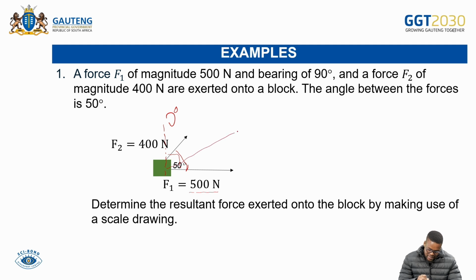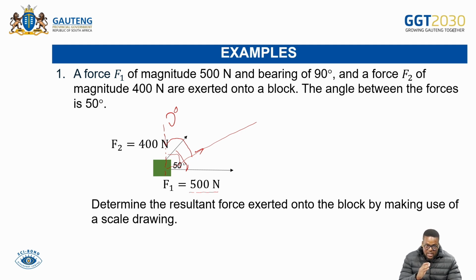Again, starting from north, which is 0, using the bearing method, you measure the angle between 0 degrees and this line, which is the resultant force. This angle here is equal to 65 degrees, not that 50 degrees now.